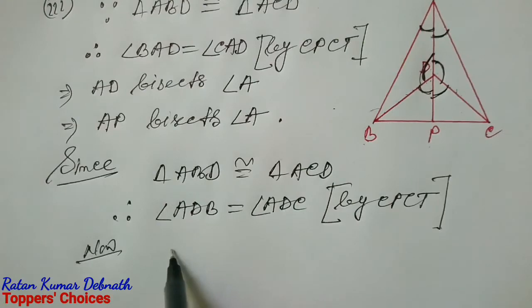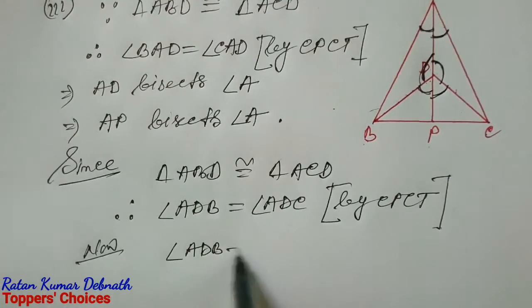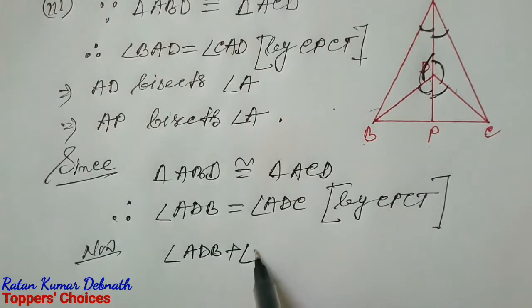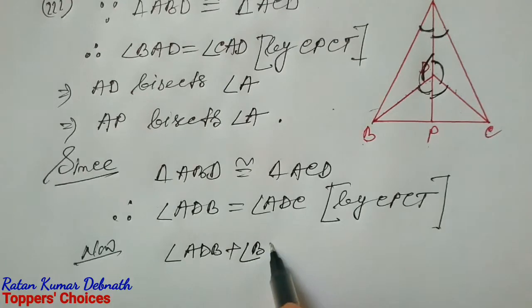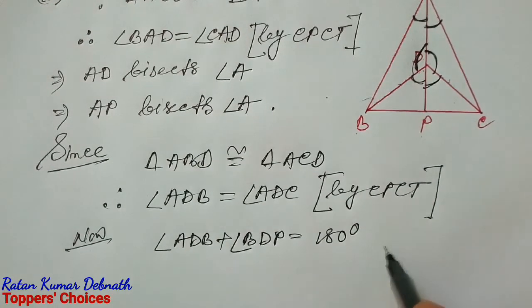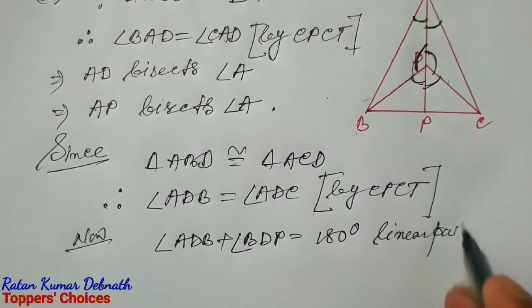Now angle ADB plus angle BDP equals 180 degrees. Linear pair.